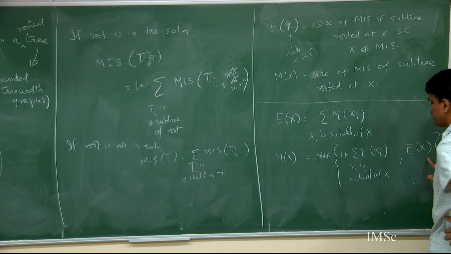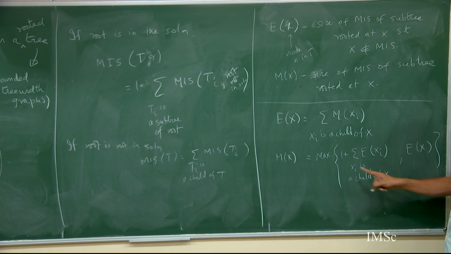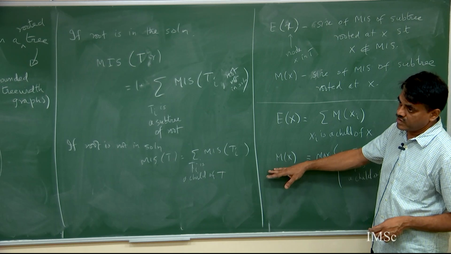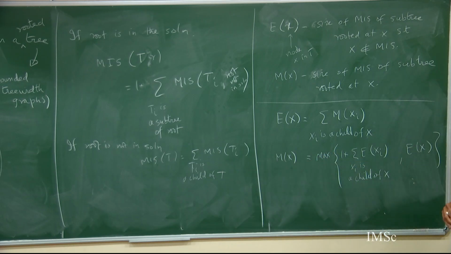So either exclude the root and find the maximum independent set, or include the root and that forces you to this. You could also say I of x, the size of the rooted tree where I am forced to include x, then I pick the maximum of the two, but this is with no condition.